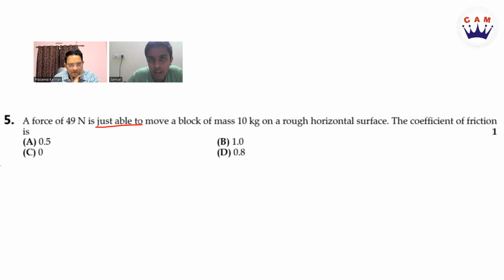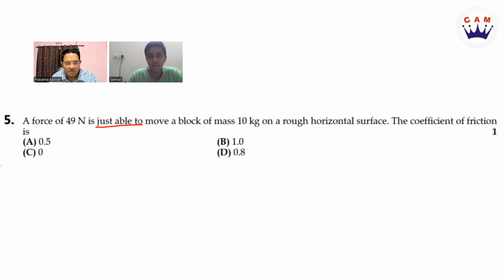What would be the coefficient of friction? Can you tell me what this might mean? Just able to move means you have just applied that force, and the block moves, like making an almirah move. Are you able to understand?